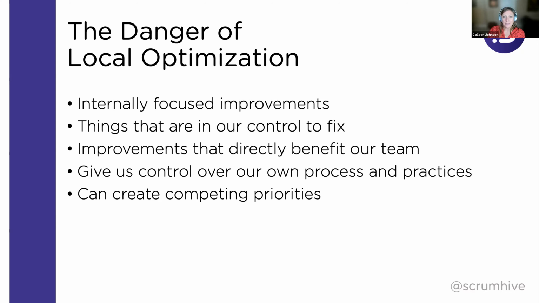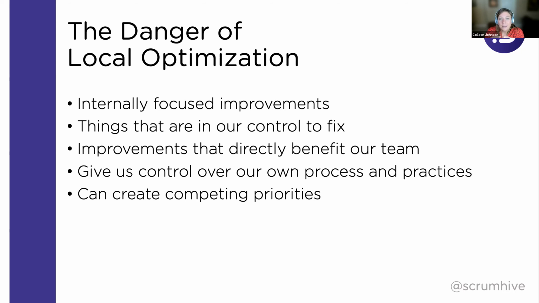So we optimize, we want our team to be the happiest and deliver the most with the least amount of stress, right? So we help our team become kind of the star, but maybe we're pushing some of that stress to like an API team or an SRE team, right? Or ops. So we end up kind of moving that pain to other parts of the organization to make our team better. And I think this can be the downside, right?